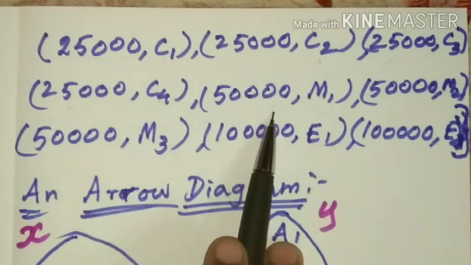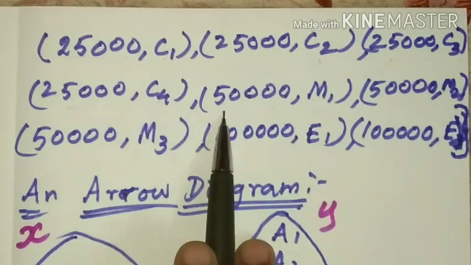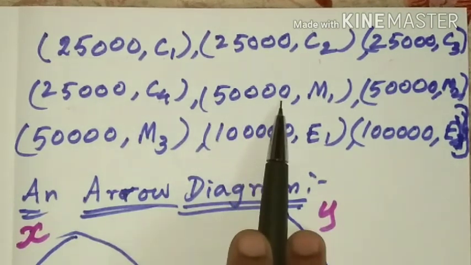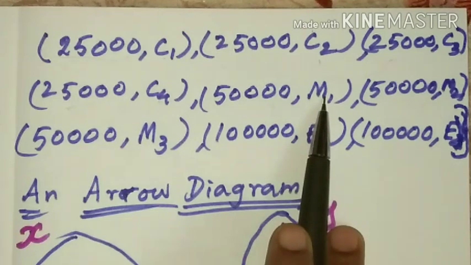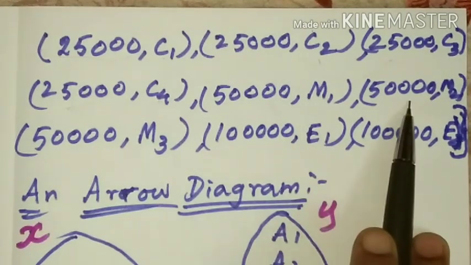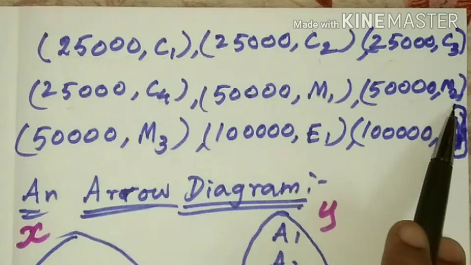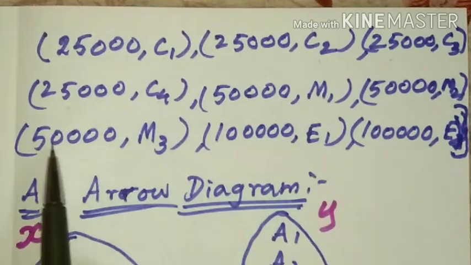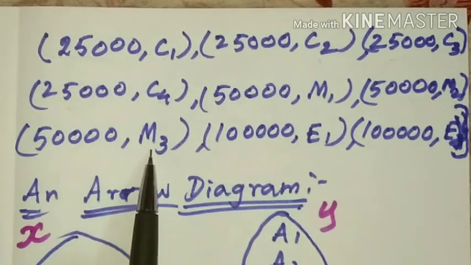Next category managers, 3 members are there, each member gets the salary 50,000. So salary amount 50,000 and first member of manager M1, 50,000 and second member of manager M2, 50,000 comma M3.